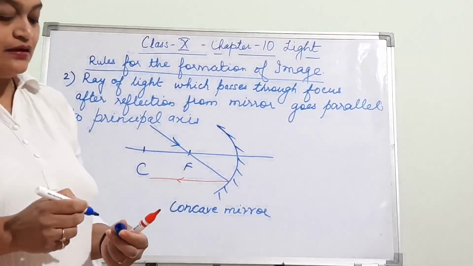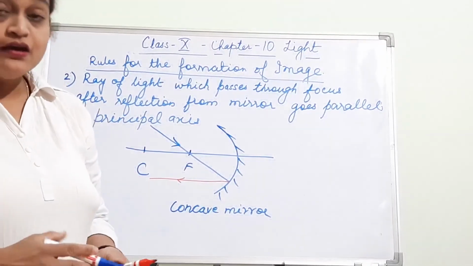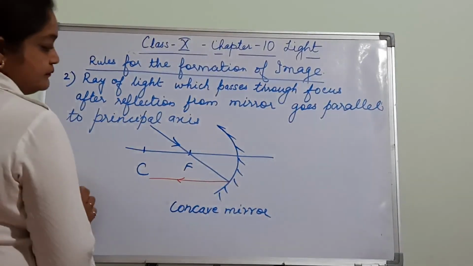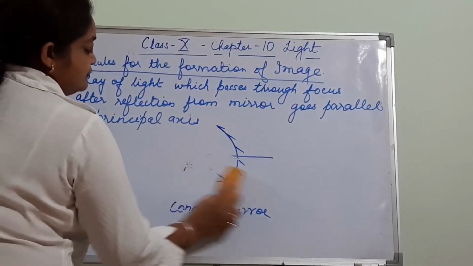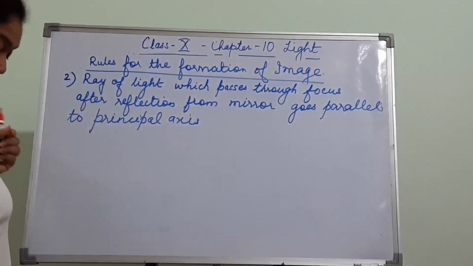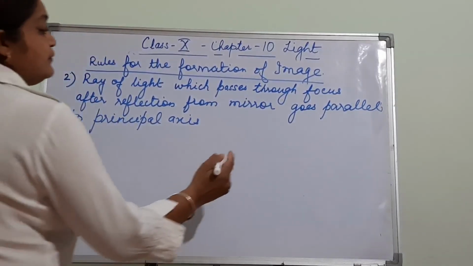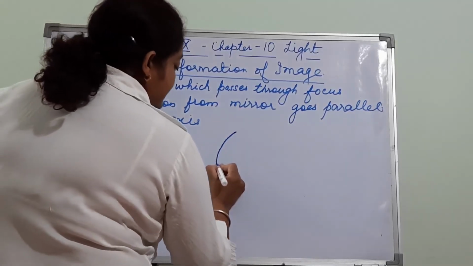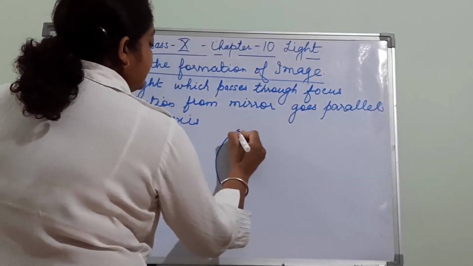Now let us see how we will draw this ray for a convex mirror. So this is a convex mirror.